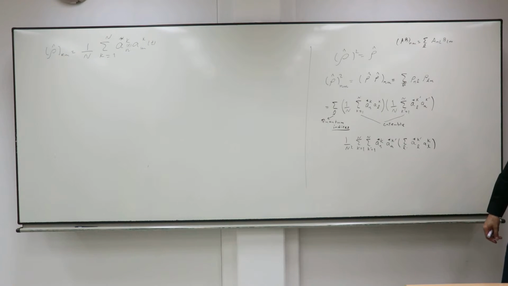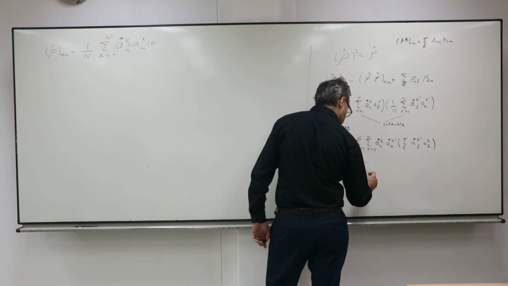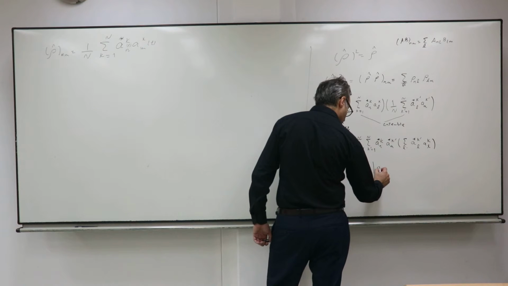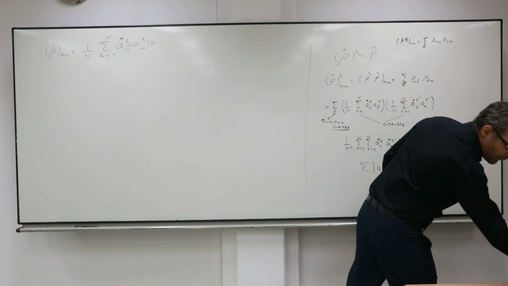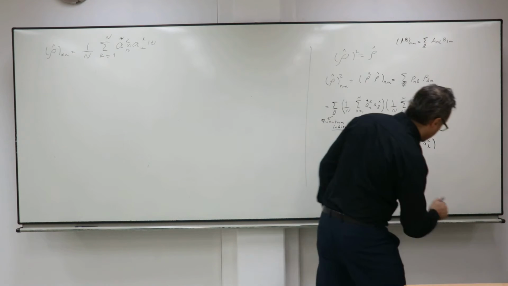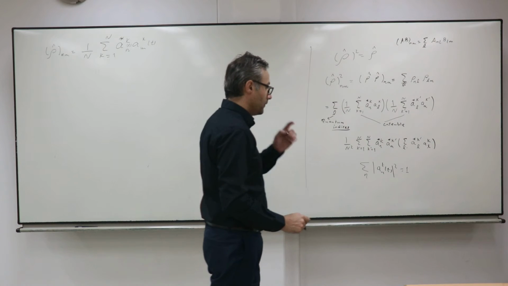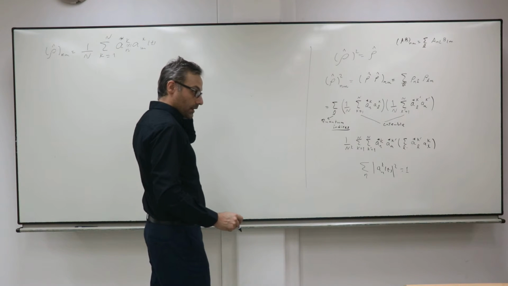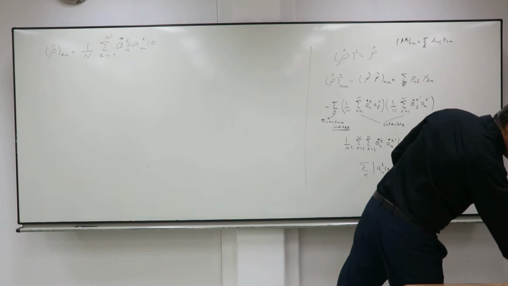What we know, as I told you before, is that the sum of |A_n^k(t)|² over n is 1, as I explained before, if the wave functions are normalized. What is A_n^k?